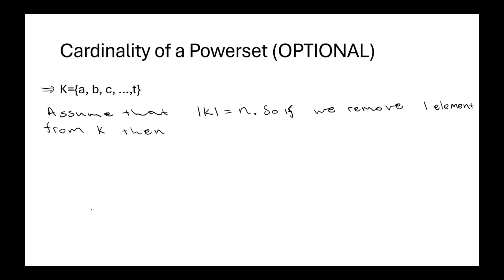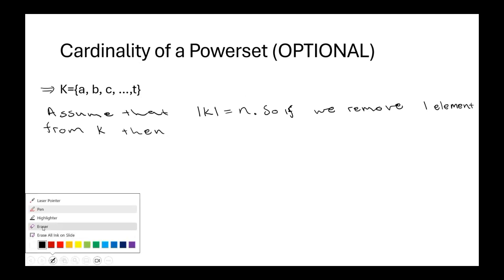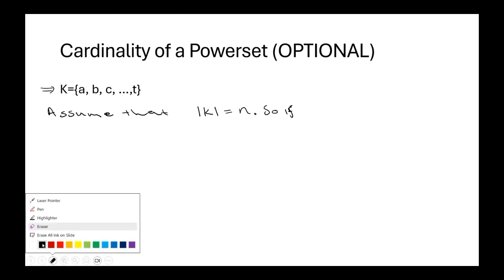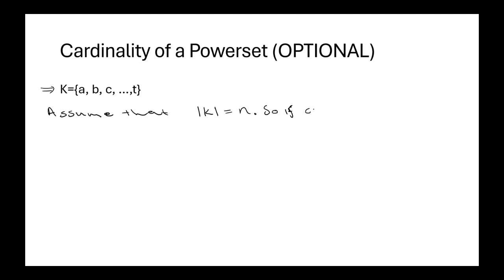Or in fact, let us just use the idea of, instead of grouping, let me just say it like this. If we choose only one element from k, then how many arrangements can we get?